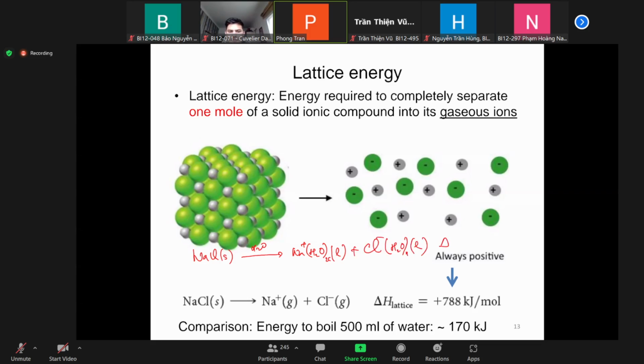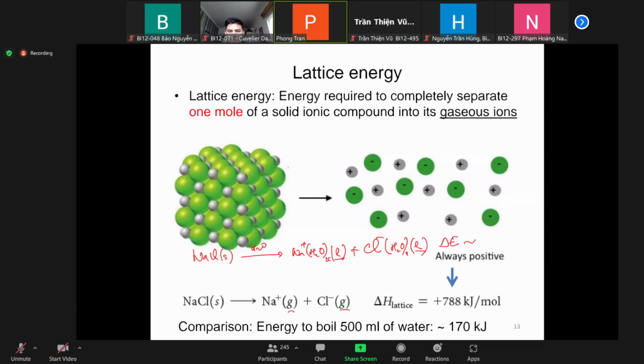This process has a very small delta E. At the same time, the lattice energy is the energy you need to put in to break sodium chloride solid crystal into sodium gas and chloride gas. You see that here it is liquid and here they are gas.